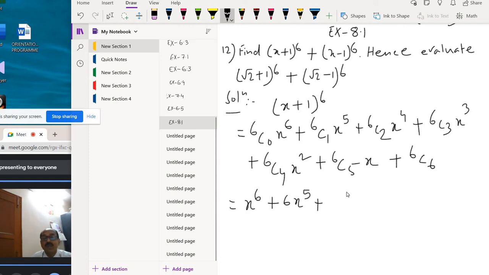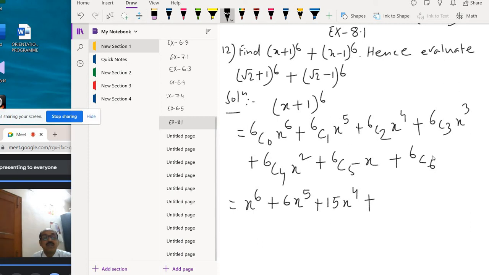Plus 6C2 means factorial 6 by 2 factorial into 4 factorial. 6 factorial means 6 into 5 into 4 factorial, so 30 by 2, it is 15. So 15 x to the power 4.